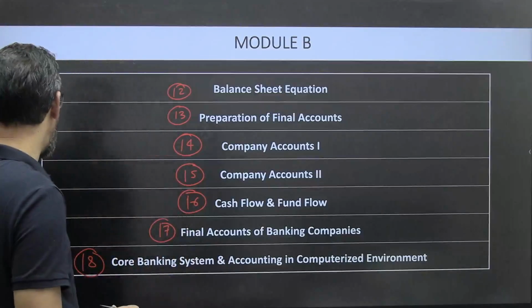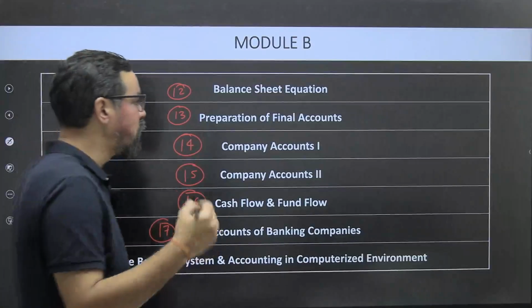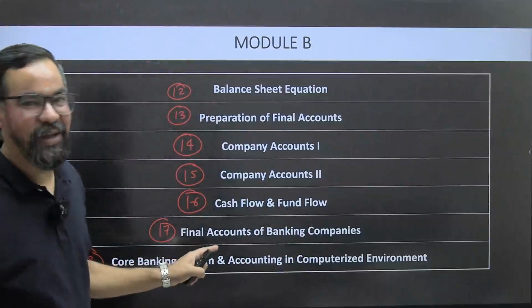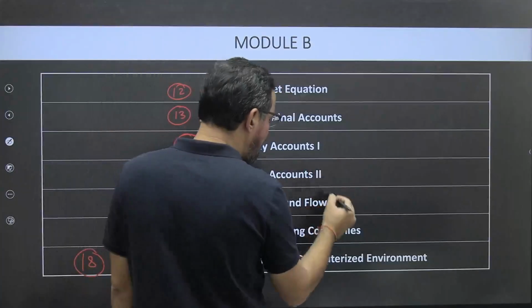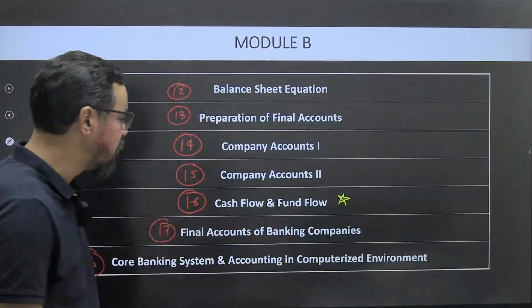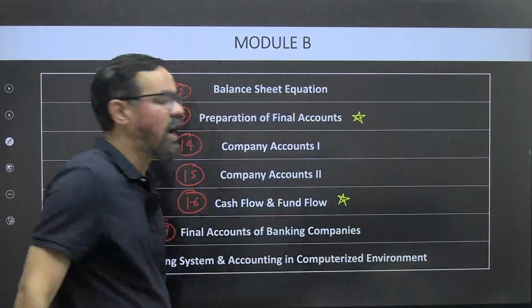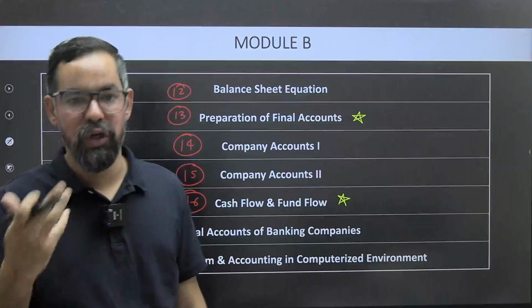When it comes to the most important units, from where you are going to face a number of questions, all are equally important, but when it comes to numericals, in cash flow statement one numerical you can face. From this they can ask you to calculate the net profit, gross profit, and others.